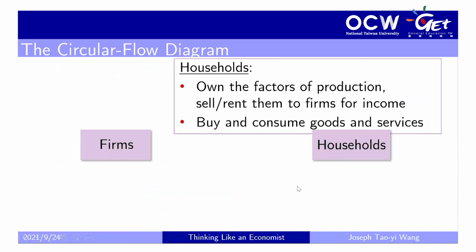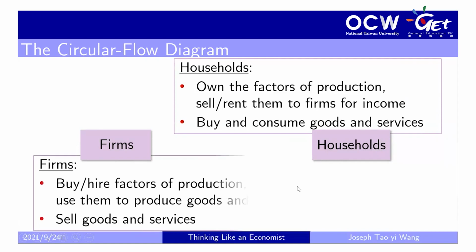They can sell or rent these factors of production to the firms to earn income, but they have to buy and consume goods and services. The firms buy or hire factors of production, use these to produce goods and services, and sell them on the market to households.